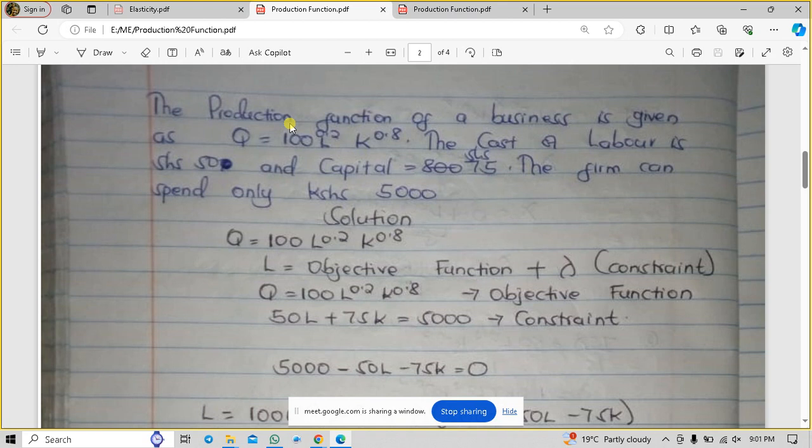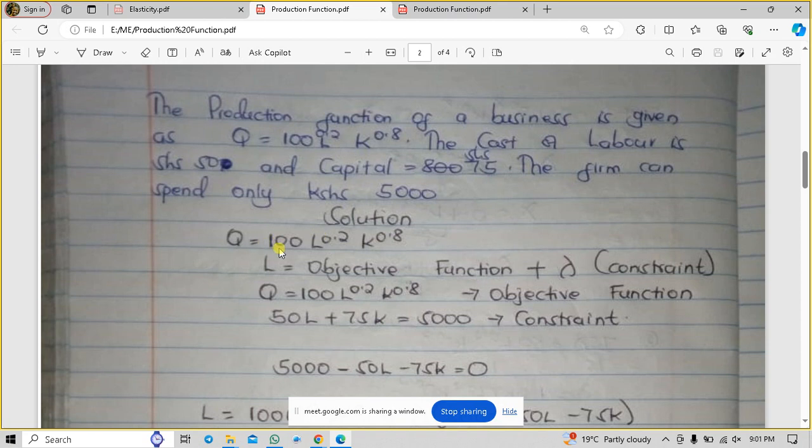Who has that question? So we all have it. Very fast we can start it. In the next 5 minutes we will have reached somewhere. So you can write the production function.